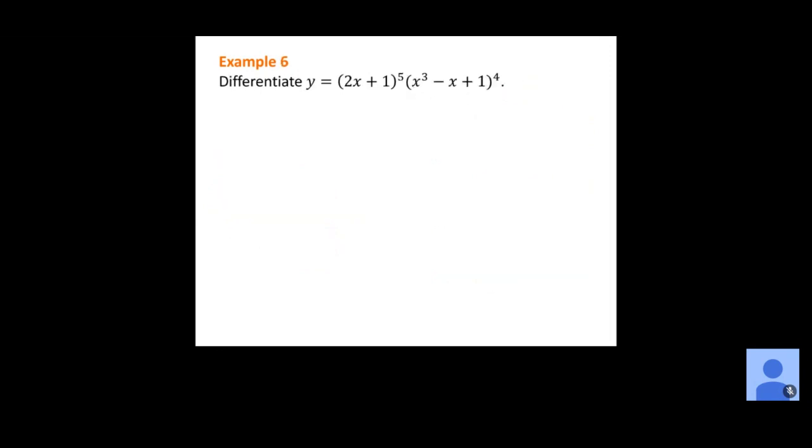All right. Take a look here then. So now we want to find the derivative. We've got 2x plus 1 to the 5th times x cubed minus x plus 1 to the 4th.